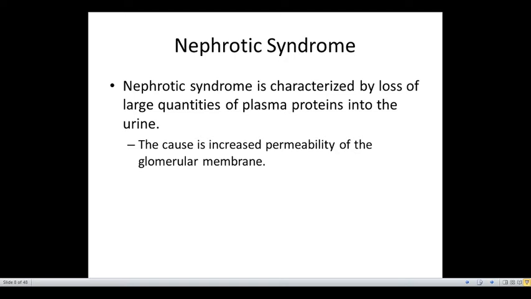The cause is increased permeability of the glomerular membrane. Therefore, any disease that increases the permeability of this membrane, glomerular membrane, can cause the nephrotic syndrome.